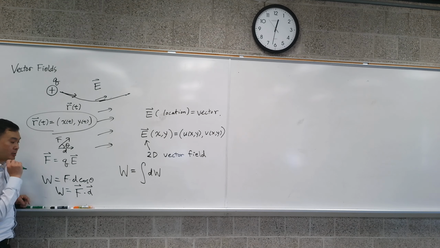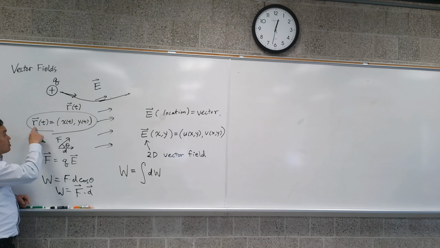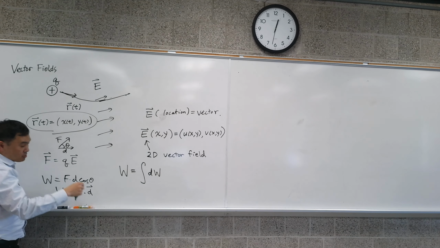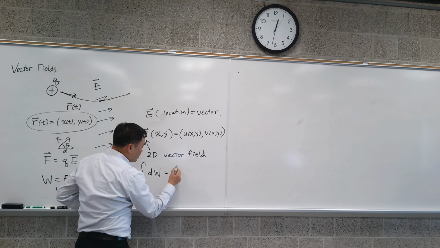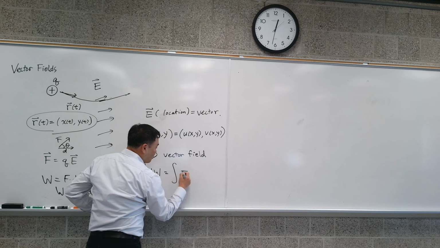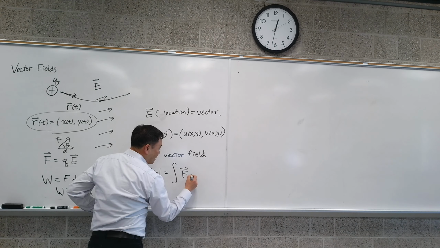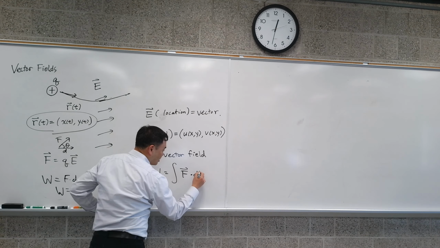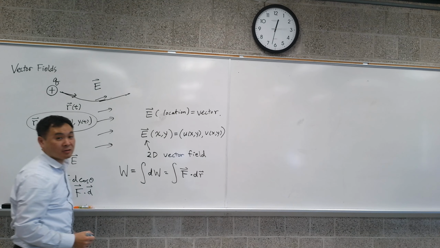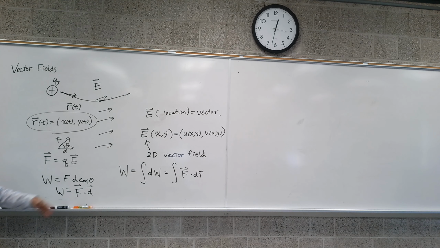Okay? So that's what we are going to do. And in this format, the displacement is a small change in the position r. So we're going to say you need to integrate the force dotted with dr.